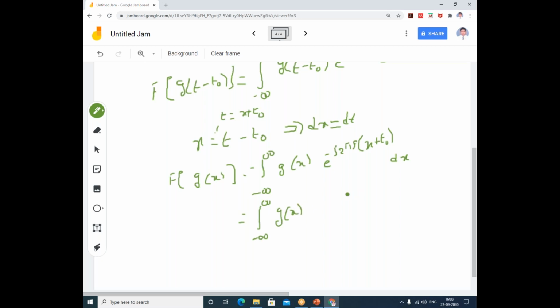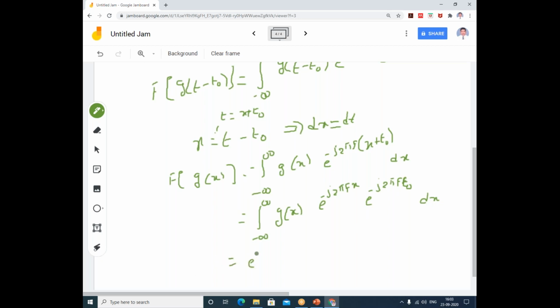It looks like e power a into b plus c, which I can write as e power a into e power b, dx. Now, as you are doing integration with respect to x, you treat this as a constant and take it outside.